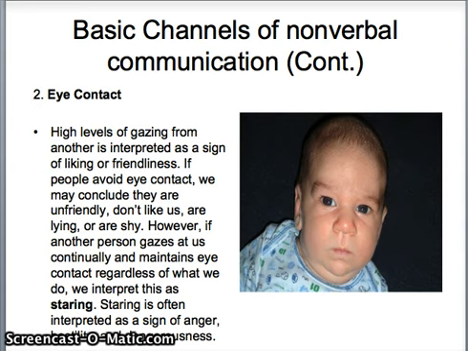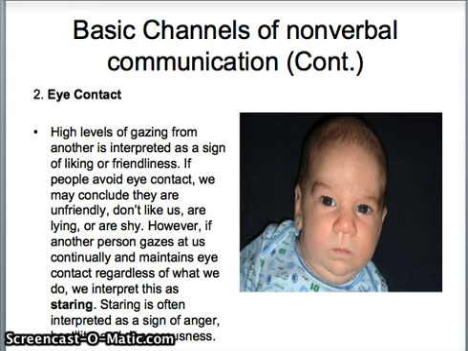However, too much eye contact, swinging over in the other direction, can often make us uncomfortable. Too much eye contact is called staring, and this is when people keep maintaining eye contact despite social cues that we are becoming uncomfortable. And if you want to try this out, find yourself a baby and try staring at the baby.